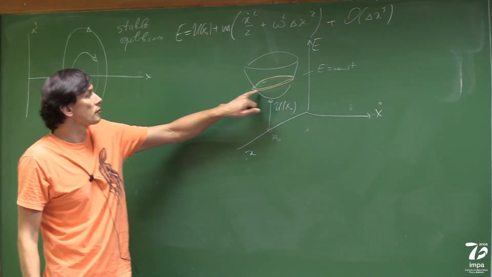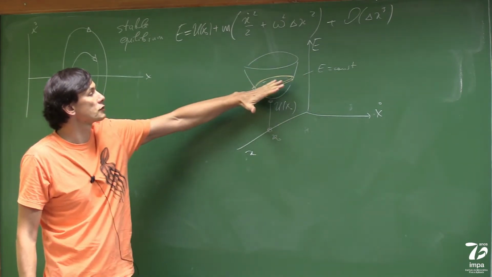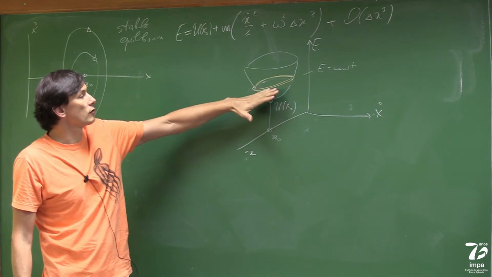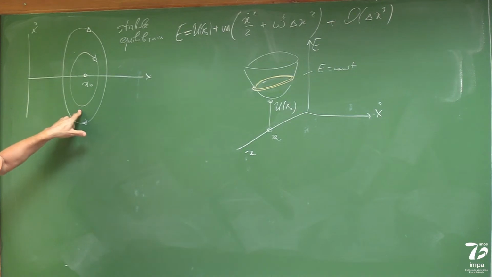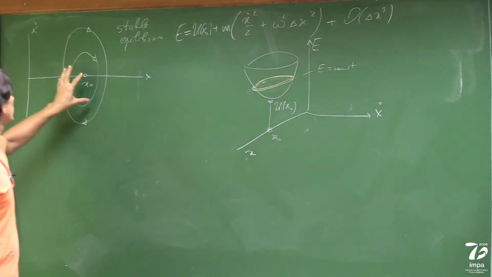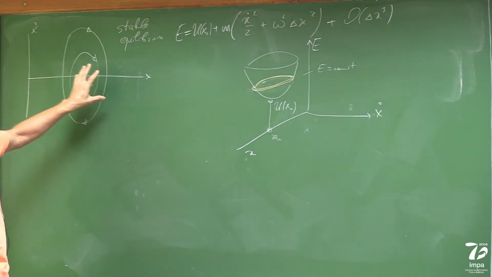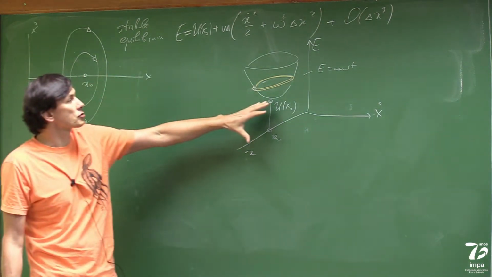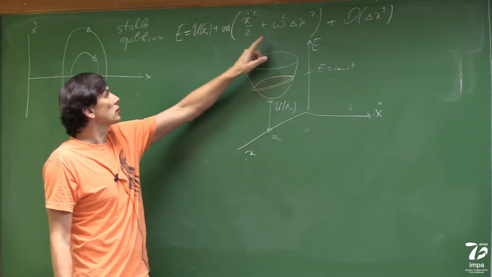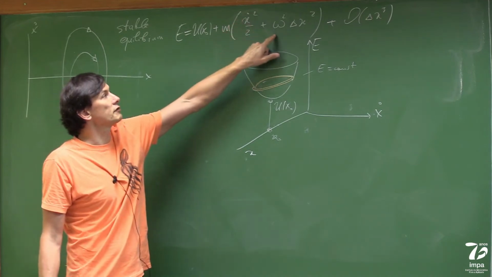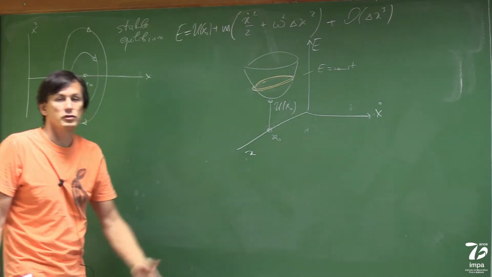So the motion will be on a level curve of this surface, and any level curve of the surface around a minimum is approximately an ellipse. So the fact that the geometry of the orbits on the phase plane is approximately an ellipse is because energy has a local minimum with non-zero derivatives, and then any cross-section near the minimum will be, in first approximation, an ellipse.